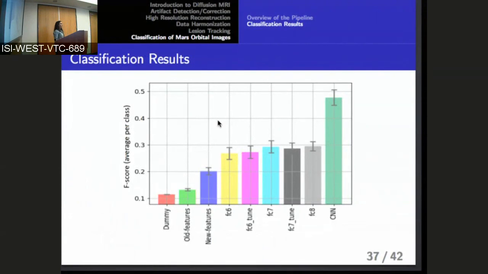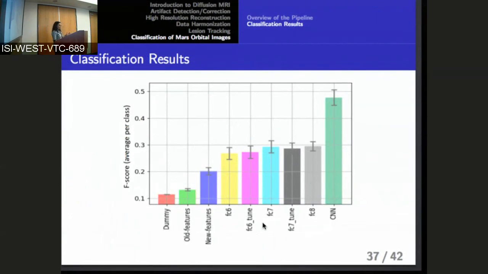Sorry, so this classifier FC number, so these are CNNs? Actually, from the yellow up to this gray one, these are outputs of feature-based classifiers, random forest classifiers, but the features which were fit to this classifier were CNN-based features.